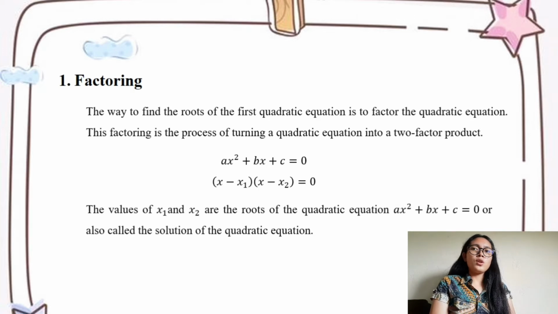The values of x1 and x2 are the roots of the quadratic equation ax squared plus bx plus c equals 0, also called the solution of the quadratic equation.